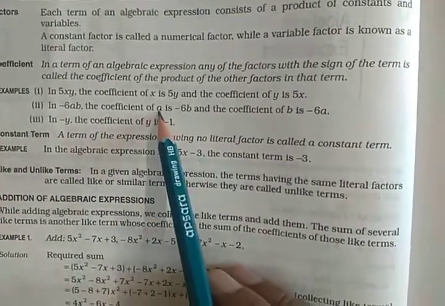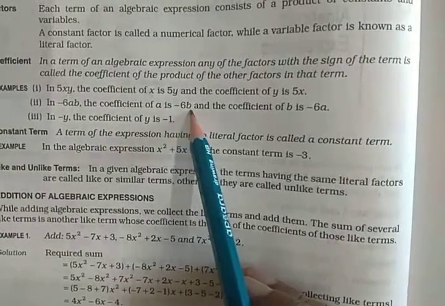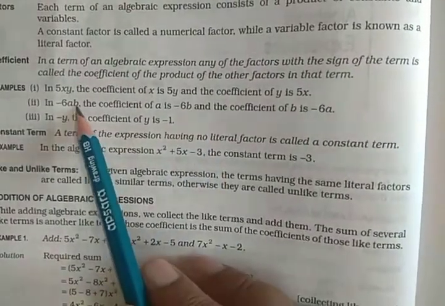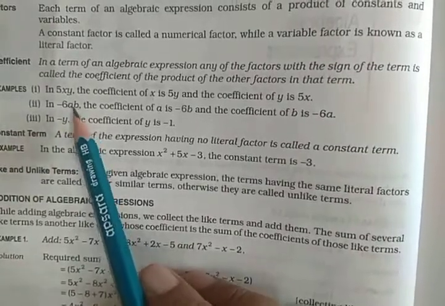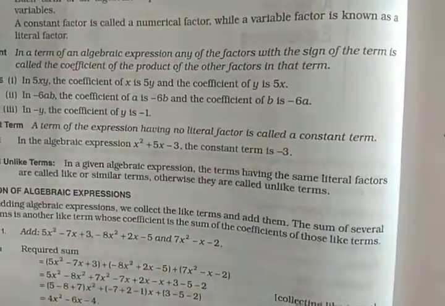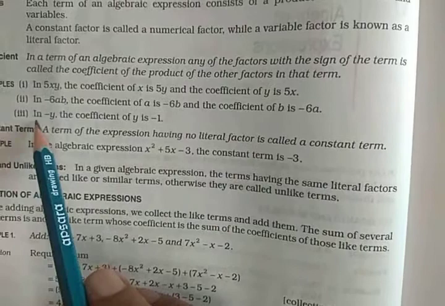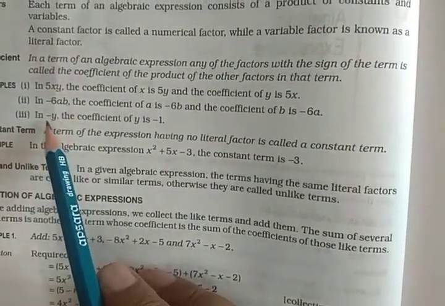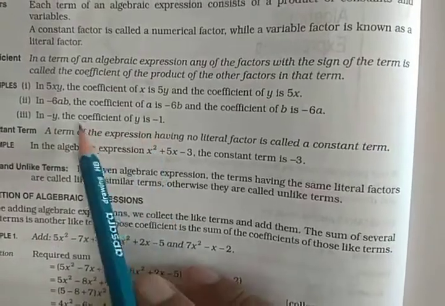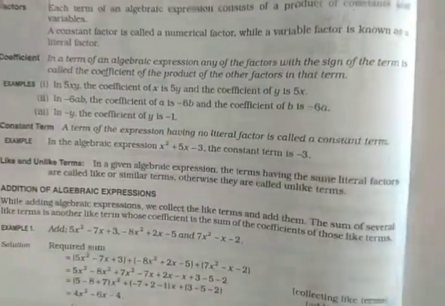Here the coefficient of a is minus 6b, and the coefficient of b is minus 6a. One more: in minus y, the coefficient of y is minus 1.